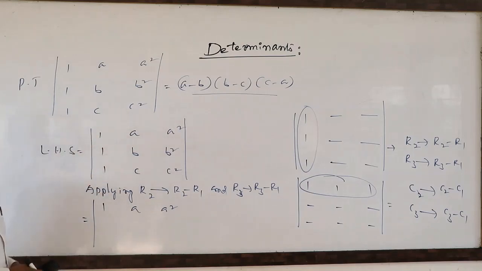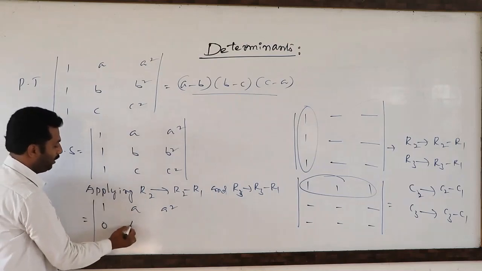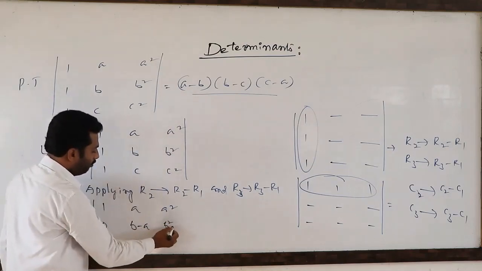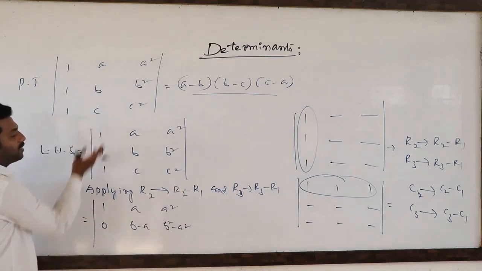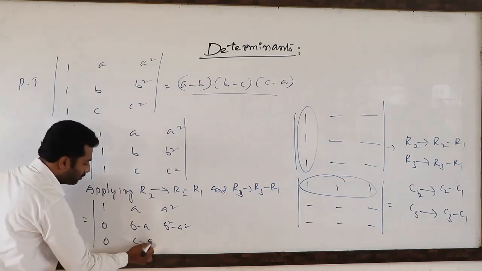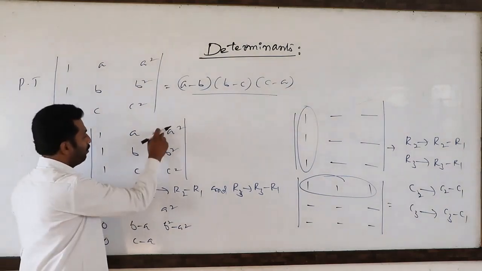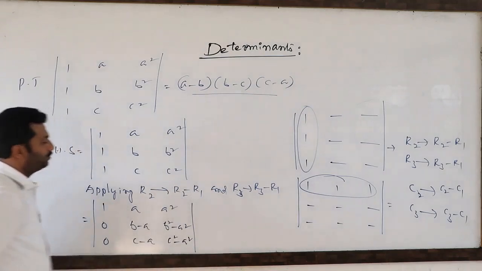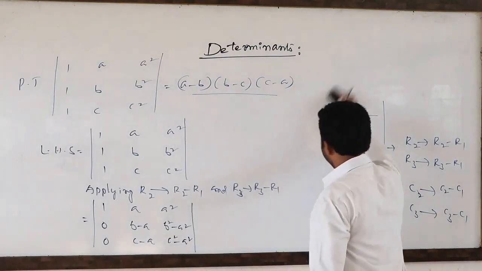R2 minus R1: 1 minus 1 is 0, b minus a, b square minus a square. R3 minus R1: 0, c minus a, c square minus a square. You remember, corresponding elements only we have to subtract.